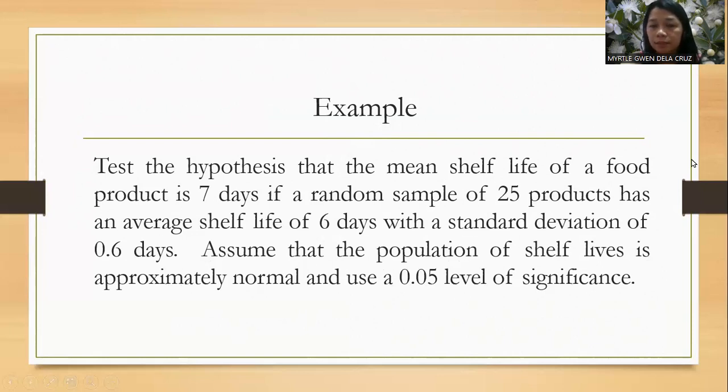Let's look at the data. The assumed population mean is 7 days. The sample size is 25. The sample mean is 6. The standard deviation of the sample is 0.6. And the level of significance is 0.05 or 5%.